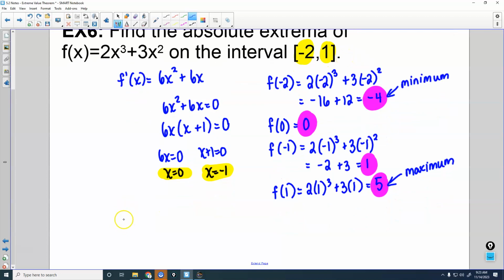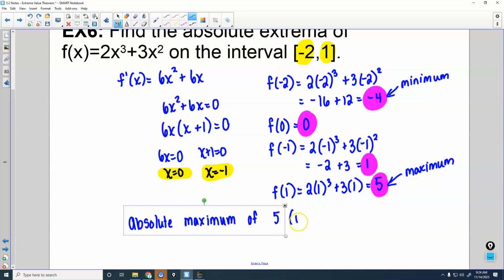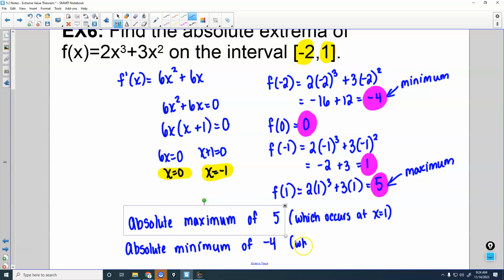We would say for this that you have an absolute maximum of 5, which occurs at x equals 1, and an absolute minimum of negative 4, which occurs at x equals negative 2.